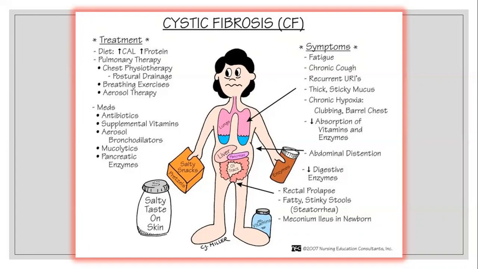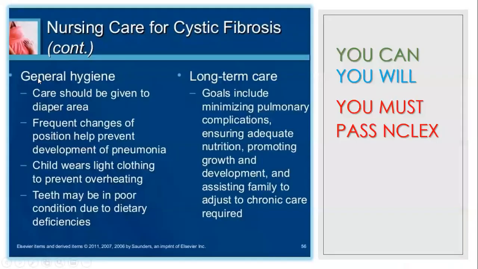And what else? The nursing care for cystic fibrosis. General hygiene care should be given to the diaper area. Frequent change of posture will help to prevent the development of pneumonia.